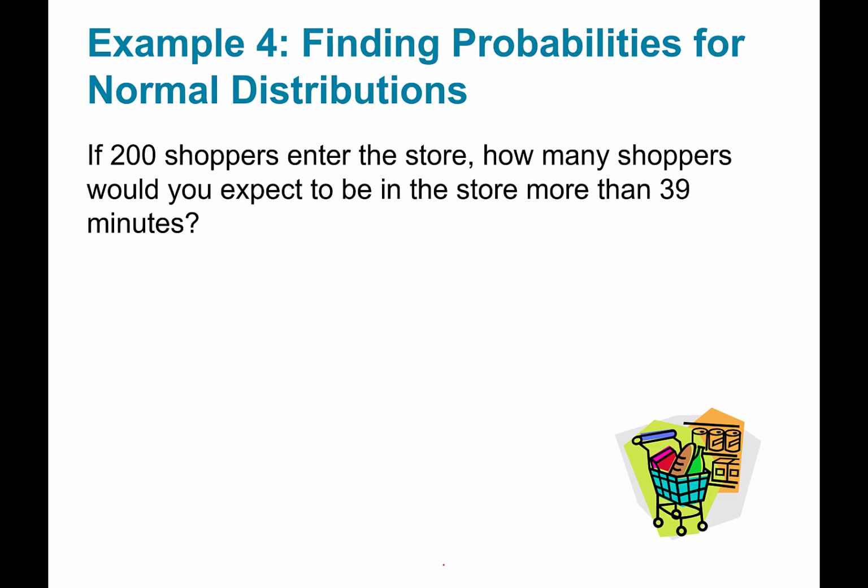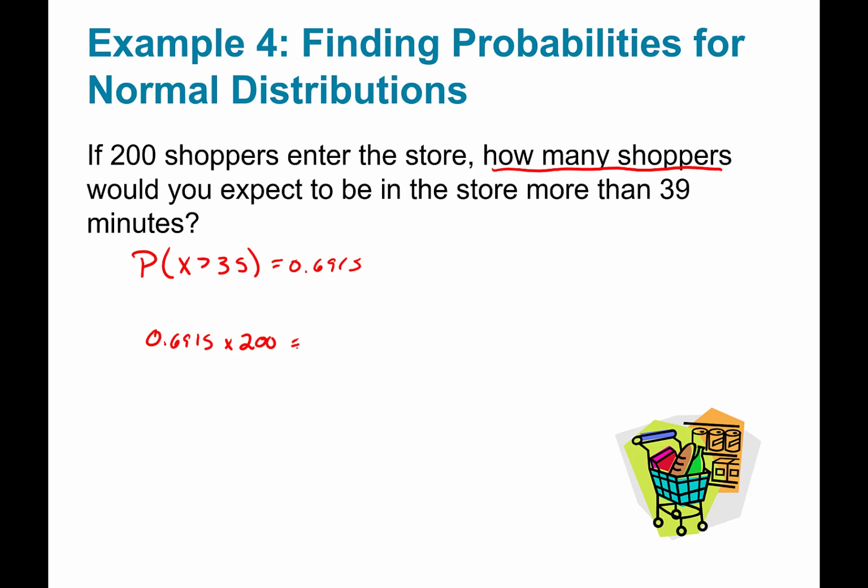Now let's say we have 200 shoppers in the store. Let's find out how many shoppers we would expect to be in the store more than 39 minutes. So we already have the probability that x is greater than 39. We just found that and saw that it's 0.6915. So if we want to find out how many shoppers now, we just multiply this 0.6915 times the 200 shoppers.